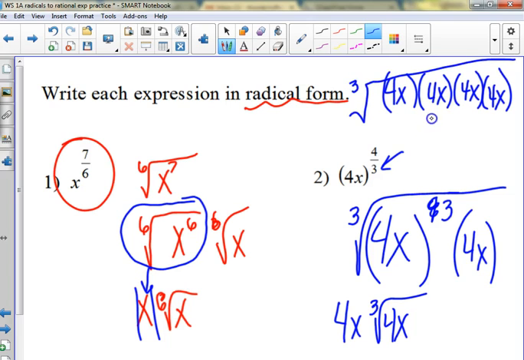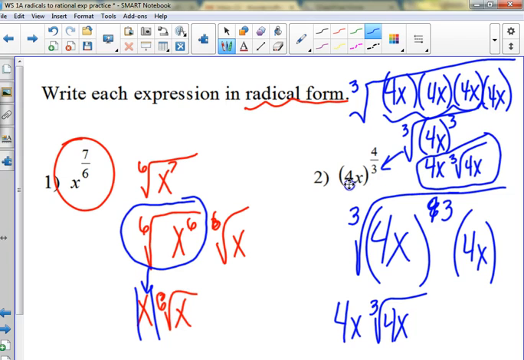Okay? So because 3 of those are cubed, then I have 4x quantity cubed, the cubed root of that, which would just be 4x. Yes? But there's one guy left over, and he's the cubed root of that one that stayed in there.